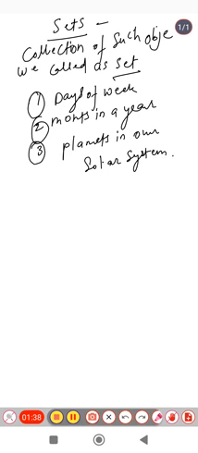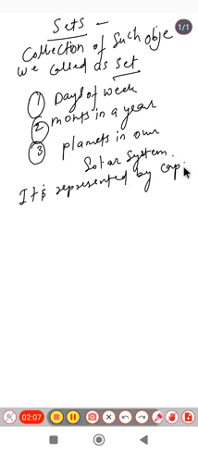So we represent the set by two methods. Generally, the set is represented by capital letters.